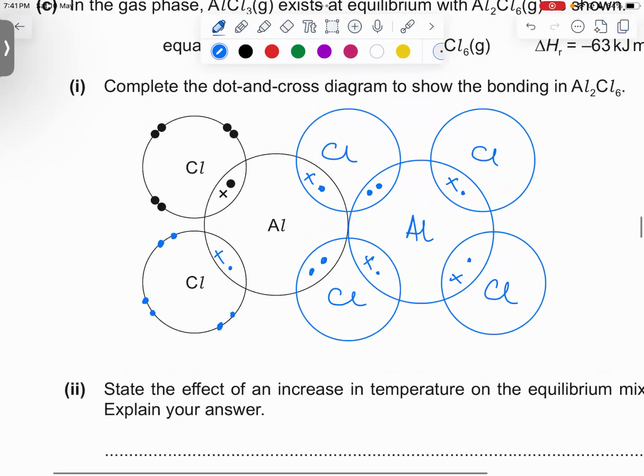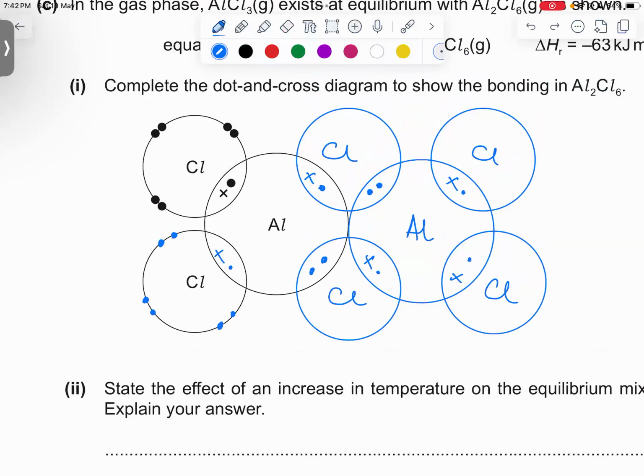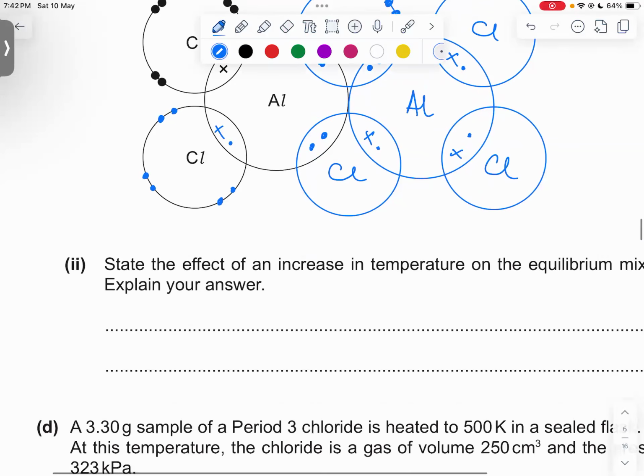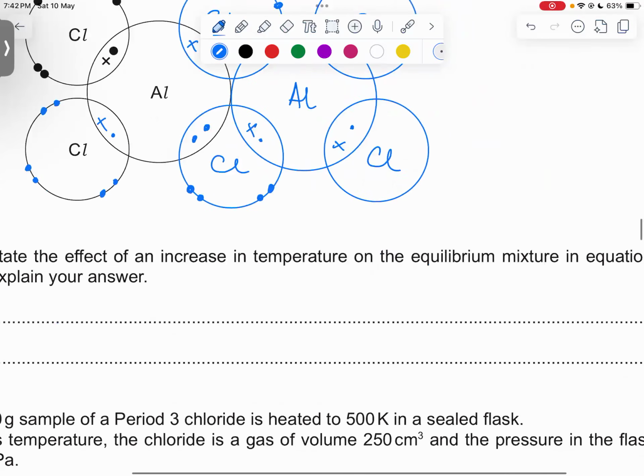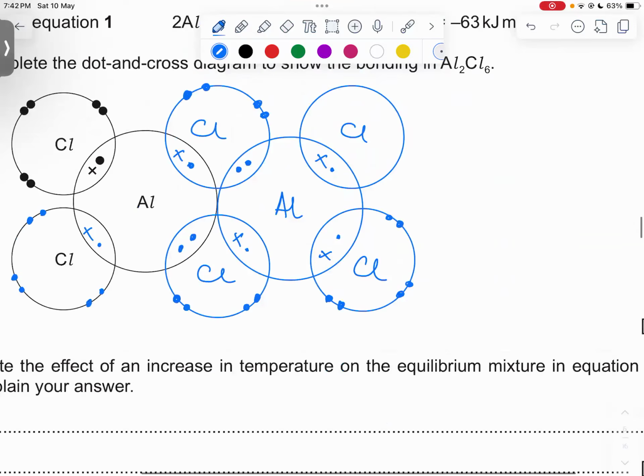Because each chlorine has given two electrons as a dative bond, it has four, and this one also has two lone pairs, meaning four electrons. And then this one has six electrons, meaning three lone pairs.